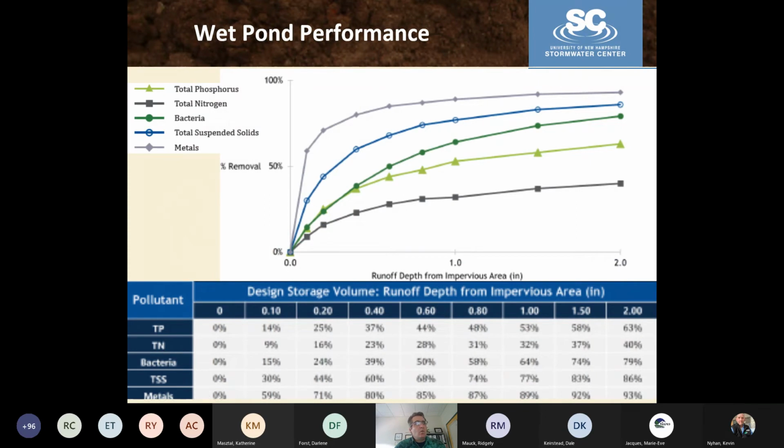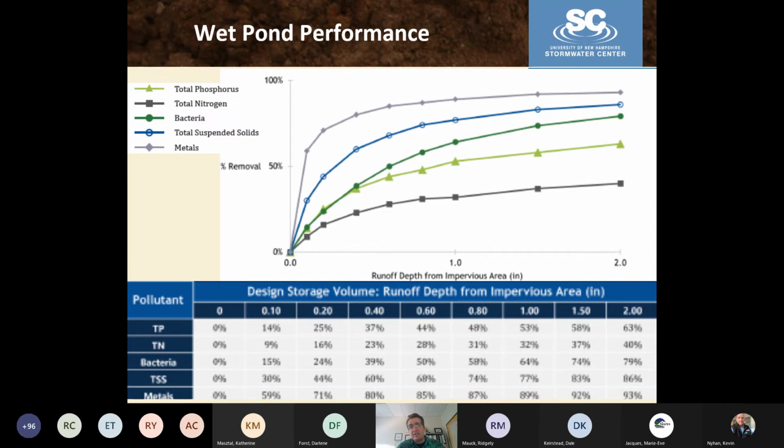And we've now adopted many of the performance curves that are in Appendix F of the New Hampshire and Massachusetts MS4, and are also available on our website and in the new retrofit manual. The way these performance curves have been developed is through continuous simulation of our rainfall record.